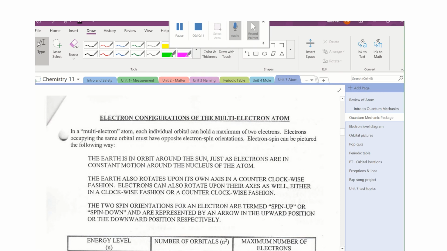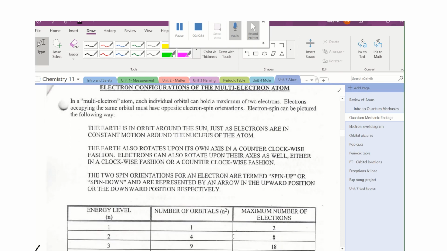But now we are going to fill in all these orbitals, all these 1s, 2s, 3s orbitals, and how we put electrons in these orbitals. So a couple things to talk about, other rules we're going to use.